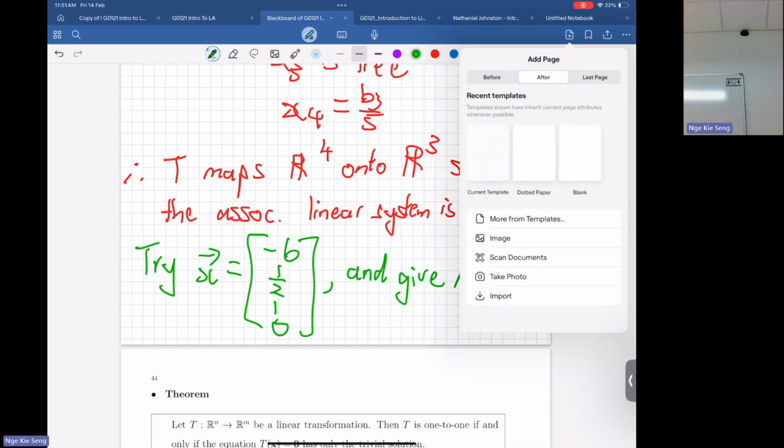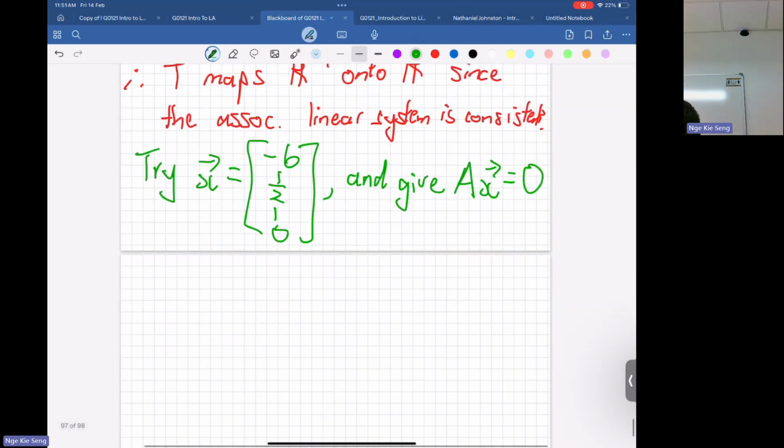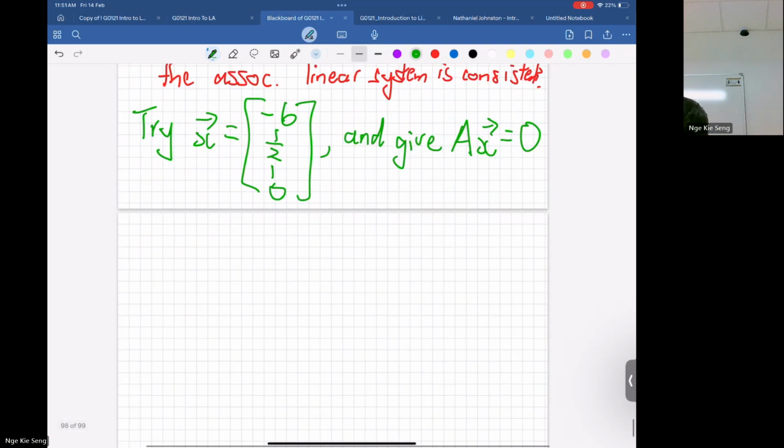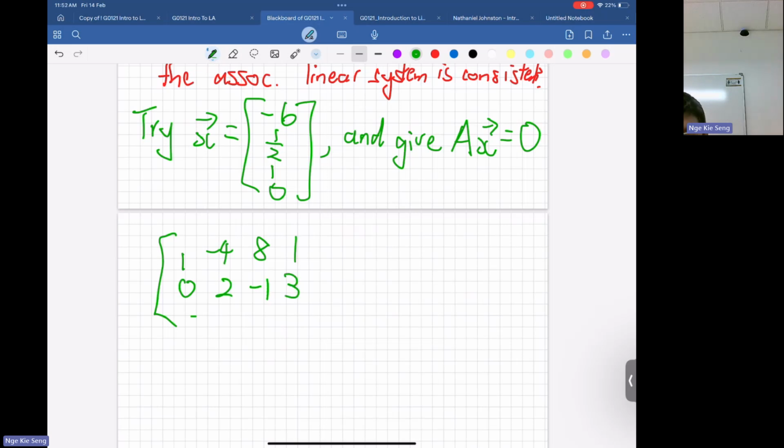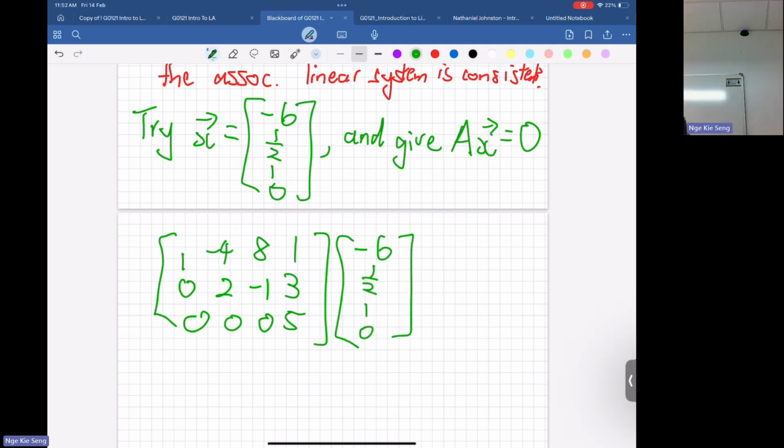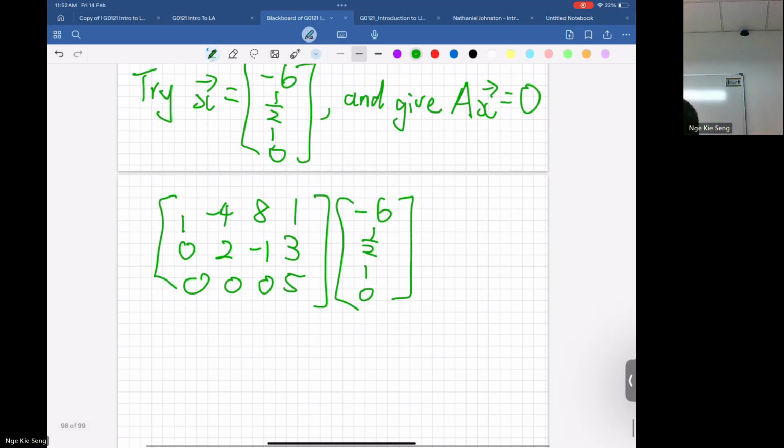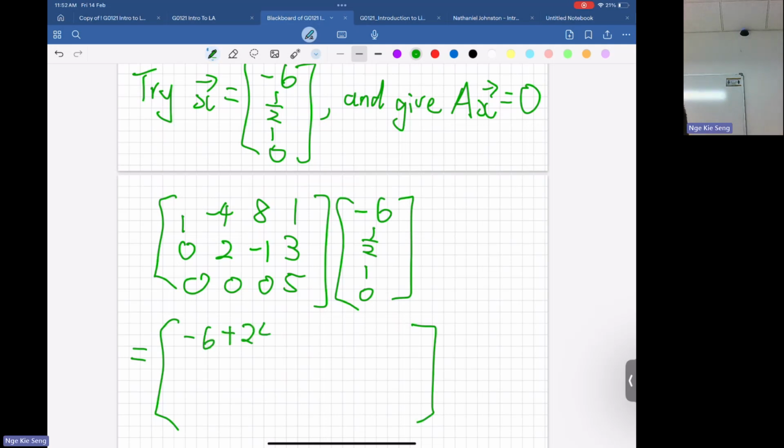You want to verify together? Let's verify together. What is A here? A is 1, minus 4, 8, 1, 0, 2, 3. So I multiply by minus 6, half, 1, 0.